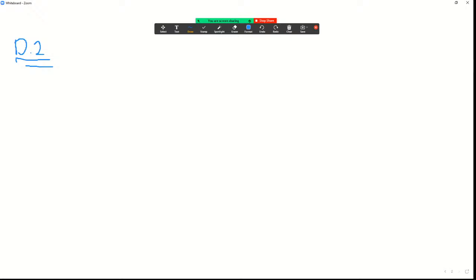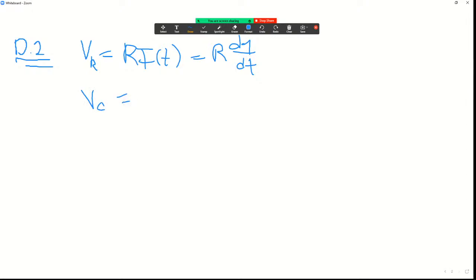So the voltage drop on the resistor is just I times R. And then in terms of charge, the voltage on the capacitor would be Q by C, so Q of t.